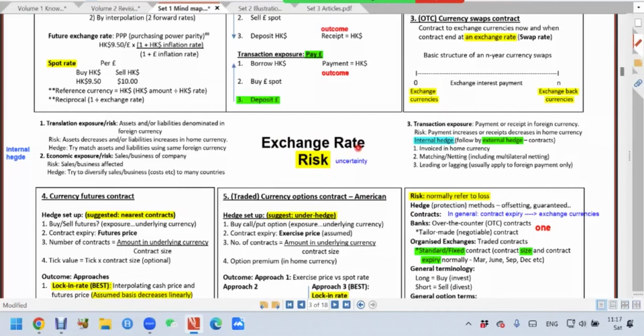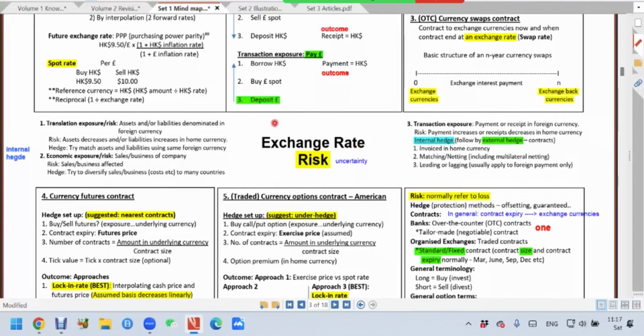The first question we ask is, if the exchange rate changes, how will it affect the company? In other words, we want to know what exchange rate risk a company is exposed to. Three of them.